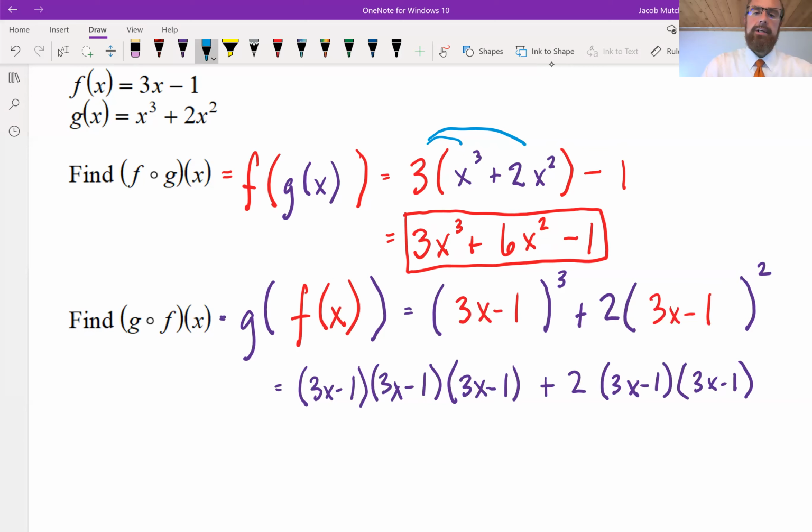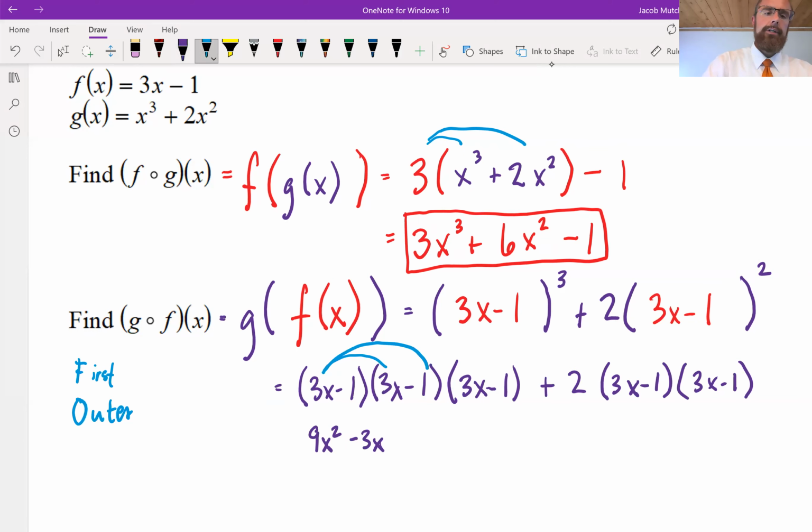So the F stands for first terms. I'll go ahead and record that acronym, first terms. So that's going to give me 3x times 3x is 9x squared. O stands for outer terms. 3x times negative 1 is going to give me minus 3x.